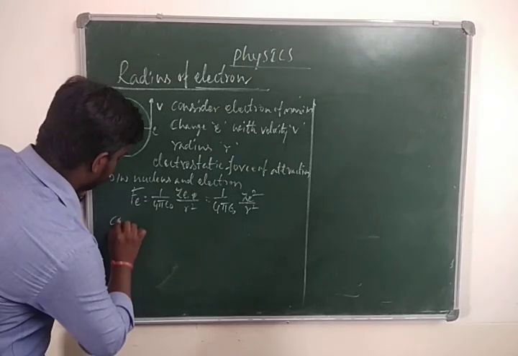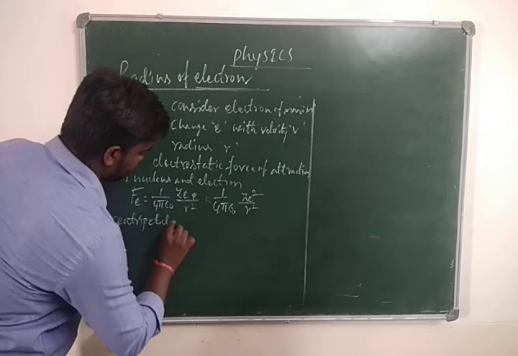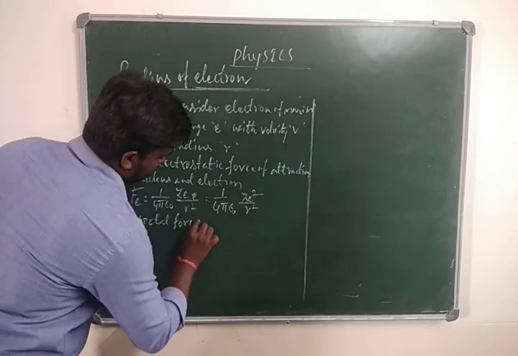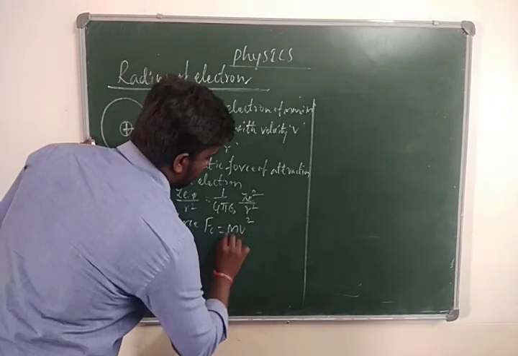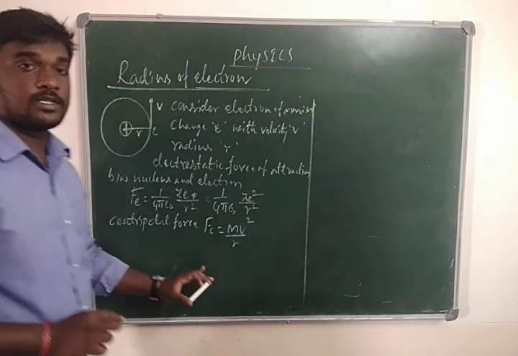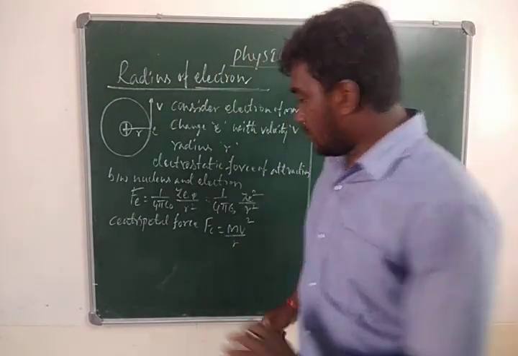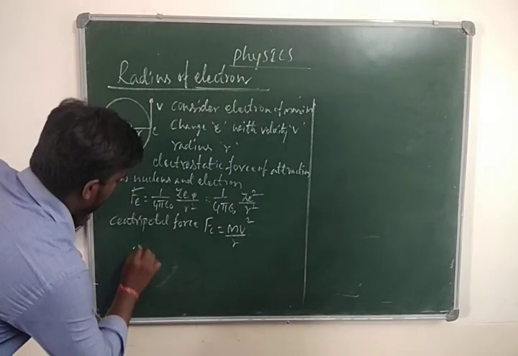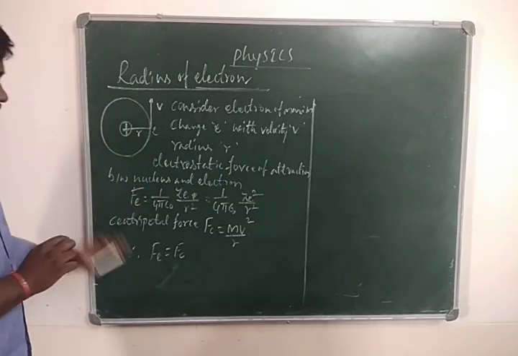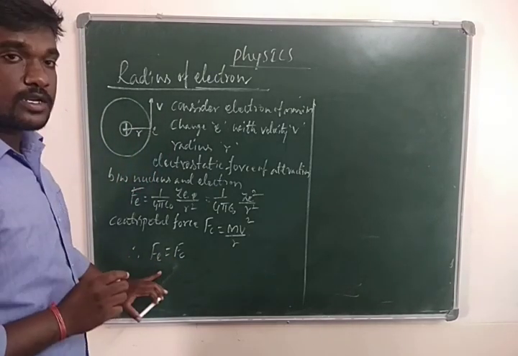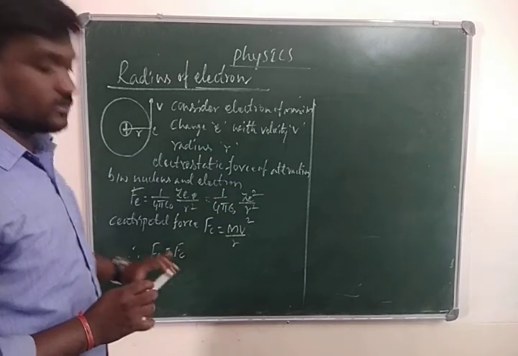And the centripetal force Fc is mv square by r. This is the expression for the centripetal force. Now, therefore, Fe is equal to Fc, where Fe is the electrostatic force of attraction and Fc is the centripetal force.